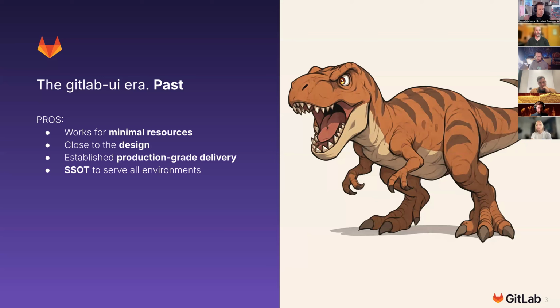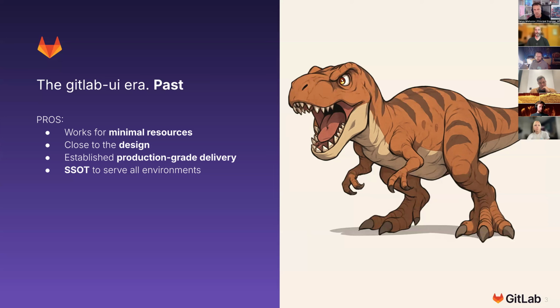So it was the intentional decision to have all the components be web-based, build web views in the IDEs, and that way it would be beneficial to put everything into the GitLab UI to just serve all the environments. So that was great. That served its purpose.